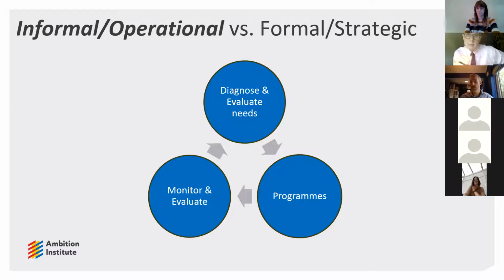And I think it would be fair to say, bar 1 or 2 that would say more formal, the majority of those processes are quite informal and operational, and I'd say quite reactive in how we think about diagnosing need, putting on programs, and then evaluating impact. There were 1 or 2 that did have a more formal process, but again, the consistency of how that was actually deployed within academies was quite varied.